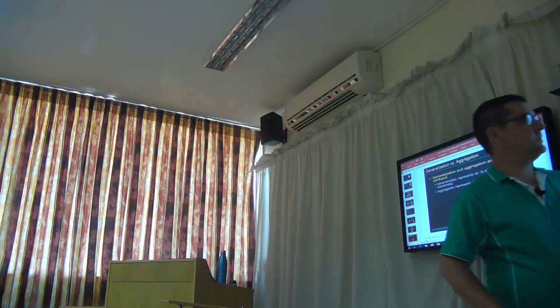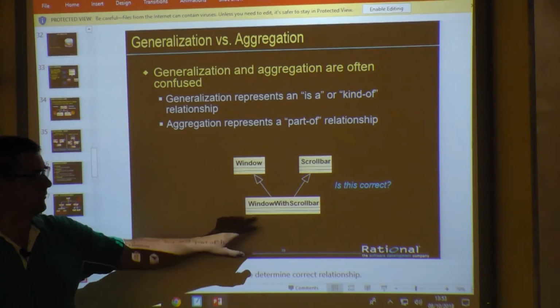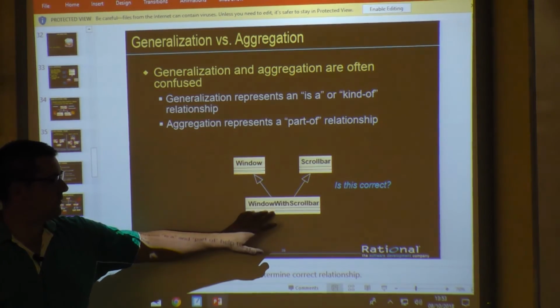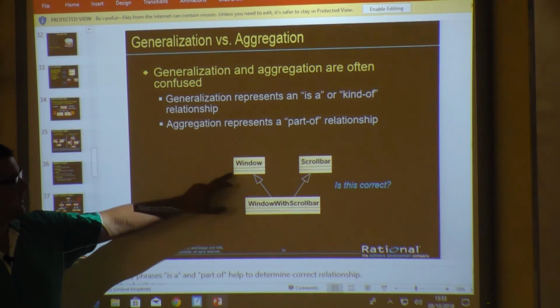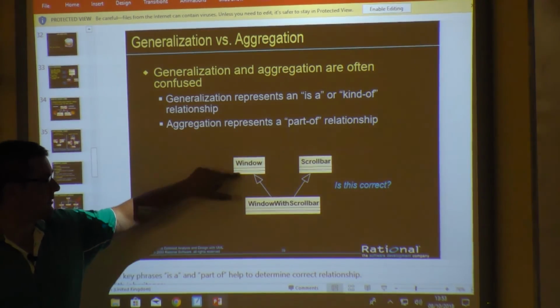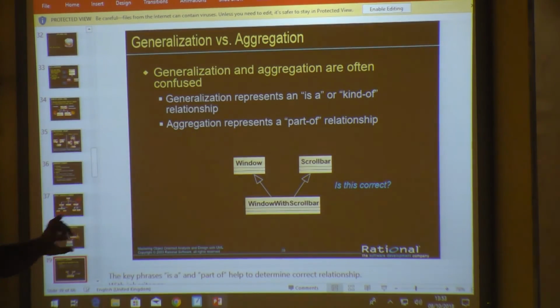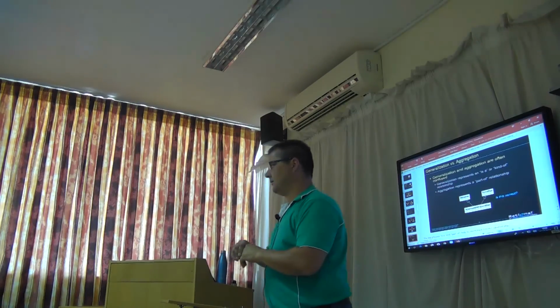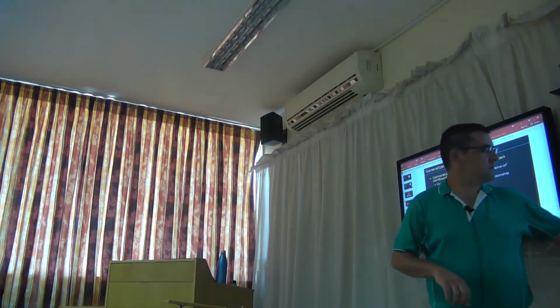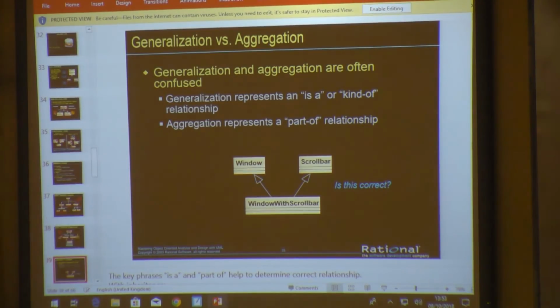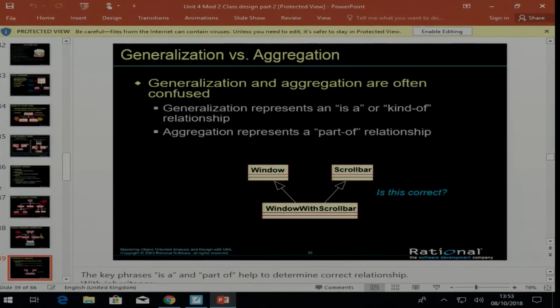We can even use this for modeling user interfaces, where we have a window with a scroll bar, which is almost like a part of that window. Same here. So the wording between the two can become very confusing. So do you really need to use it as aggregation or composition? It can become very confusing.